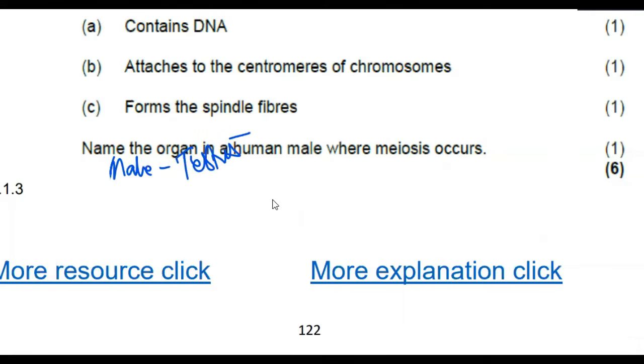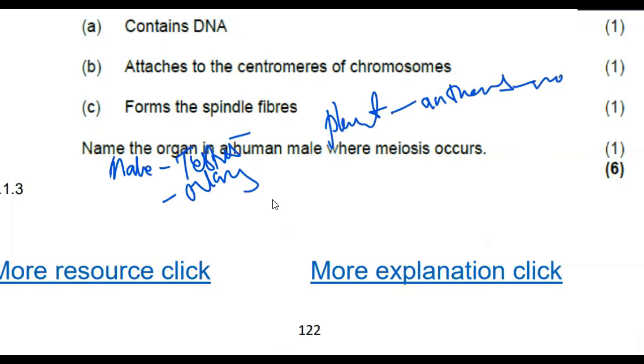While in female, it occurs in the ovary. In plants, it occurs in the anthers, that is male, and then the stigma and ovary in female.